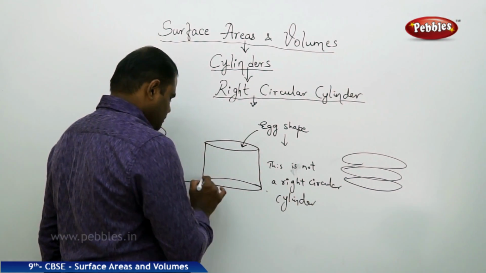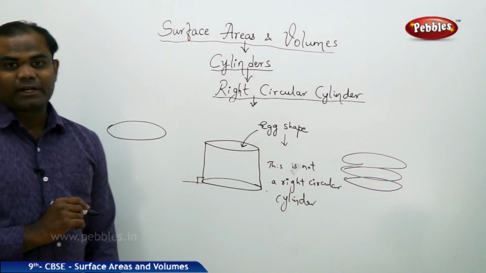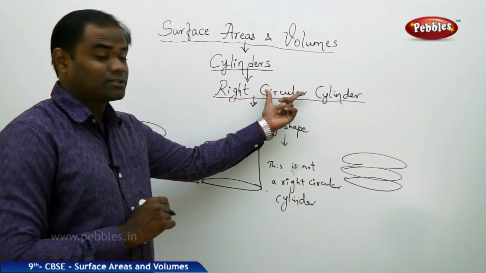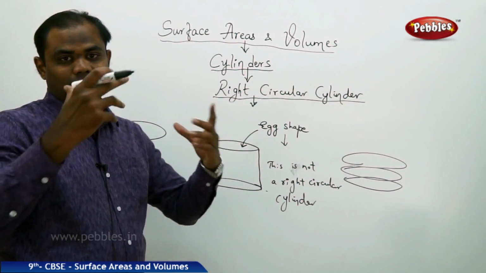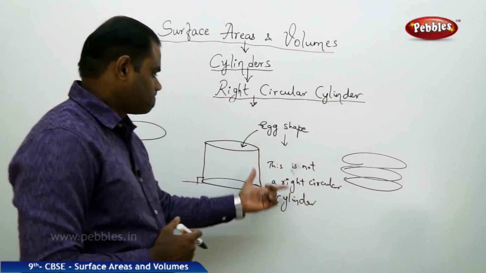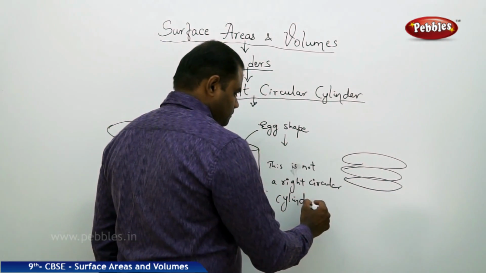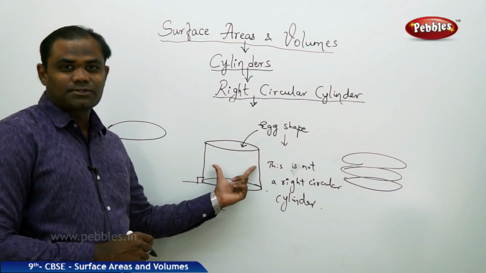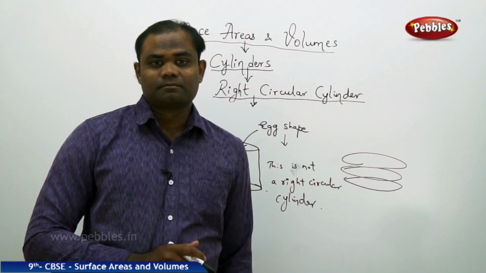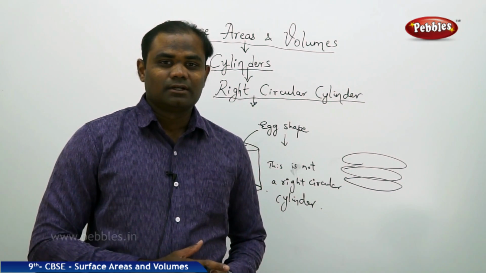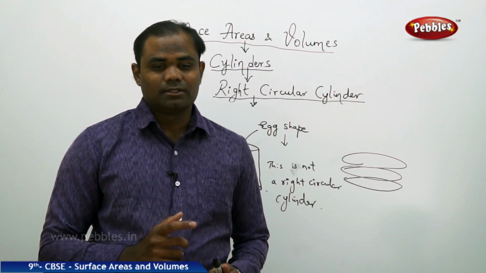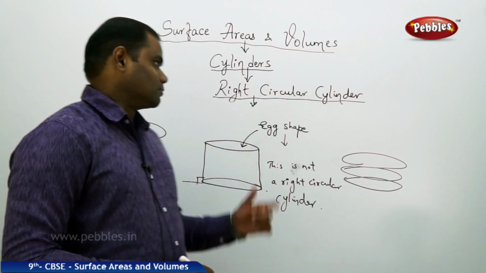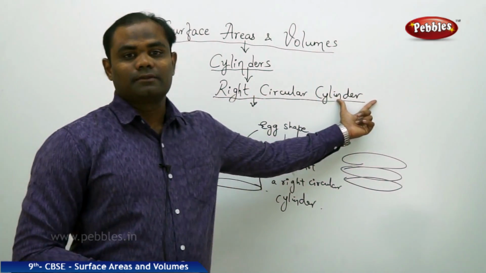Though it is 90 degrees from the ground, it cannot be a right circular cylinder because it has to be circles which are constructed to form a cylinder. The reason being, each of the constructed objects is egg-shaped. This is how we understand that the right circular cylinder demands three different rules: this, this, and this.